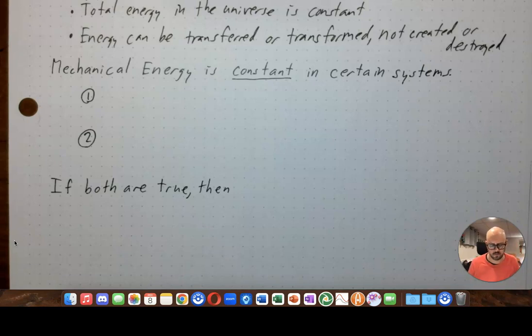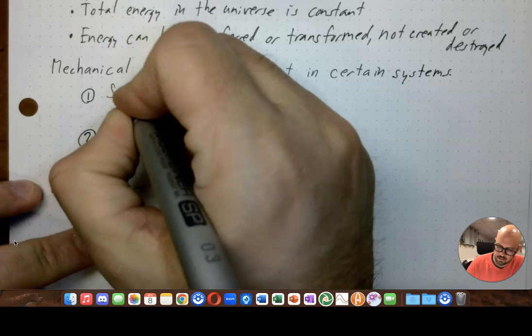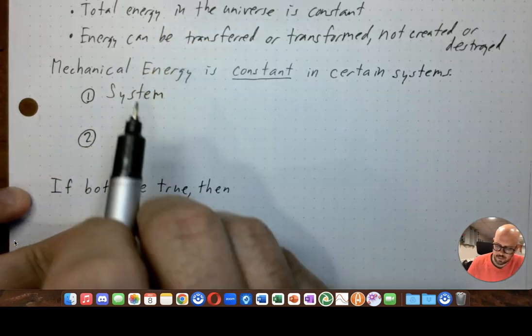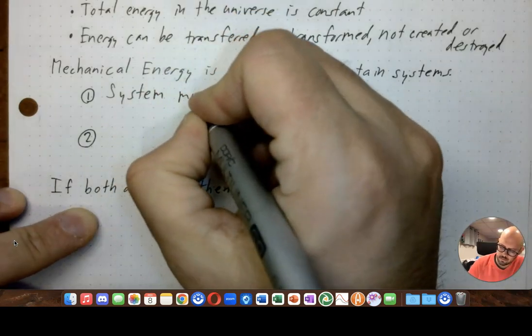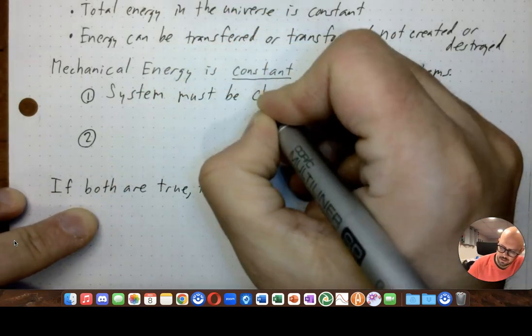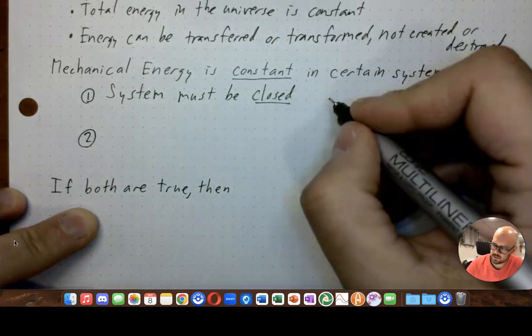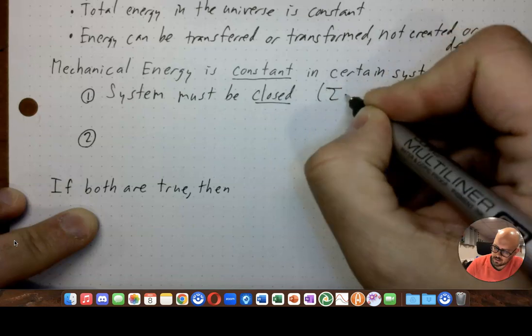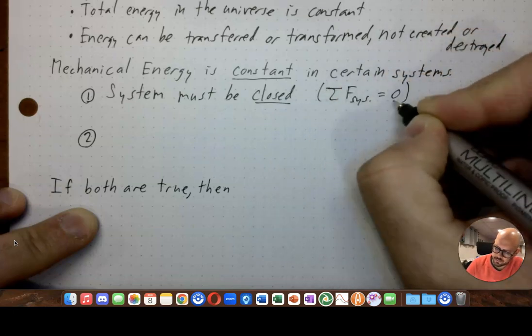And so for now, we'll just focus more on the first one. The system that we analyze, if mechanical energy is to be constant, must be closed. And to say a system is closed is to say the net force on the system is equal to 0.